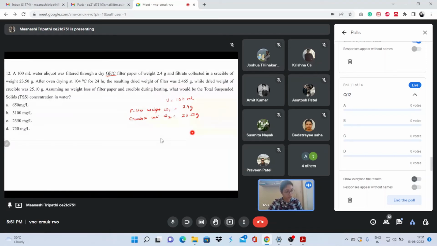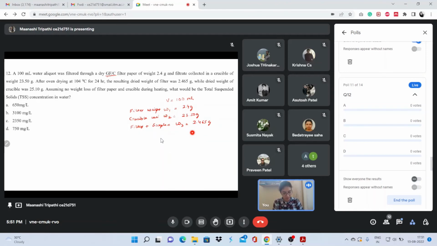Now after oven drying at 104 degrees Celsius for 24 hours, the resultant dried weight of the filter plus the sample was 2.465 grams, because they are drying the filter paper itself with the sample.